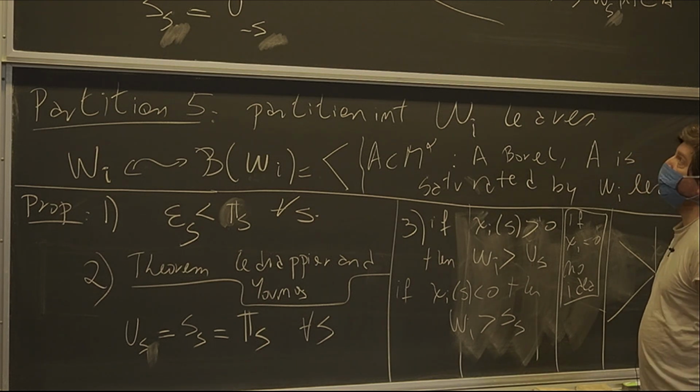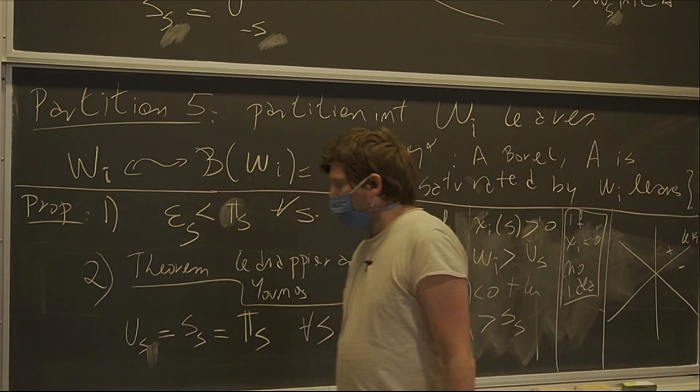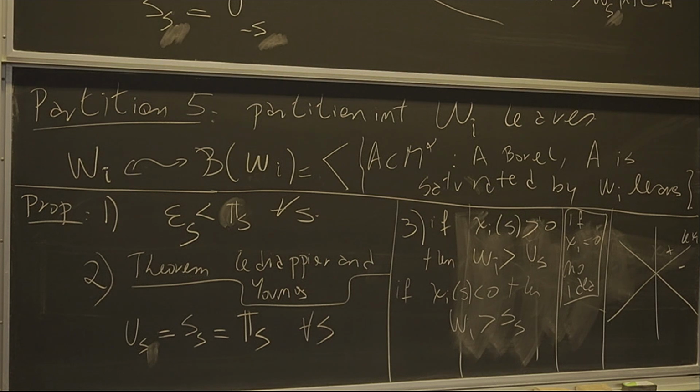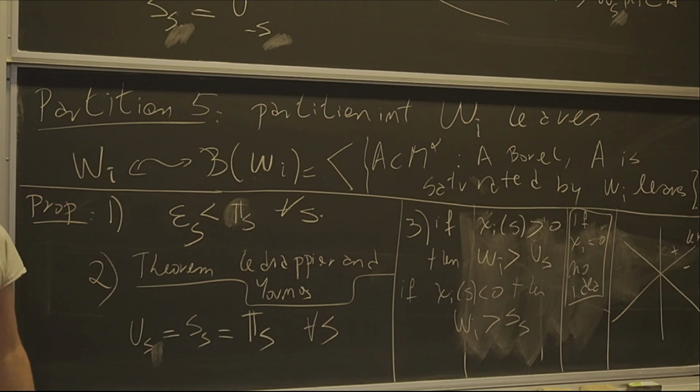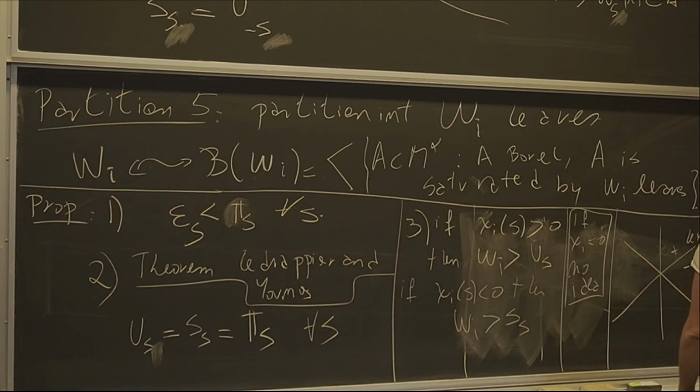There is a fourth property, which is quite important. Can Wi be the join, or the intersection, of all those S's for which chi I of S is positive?